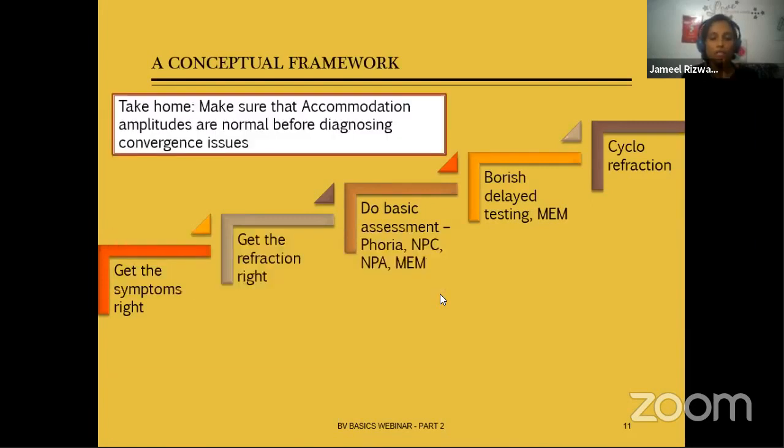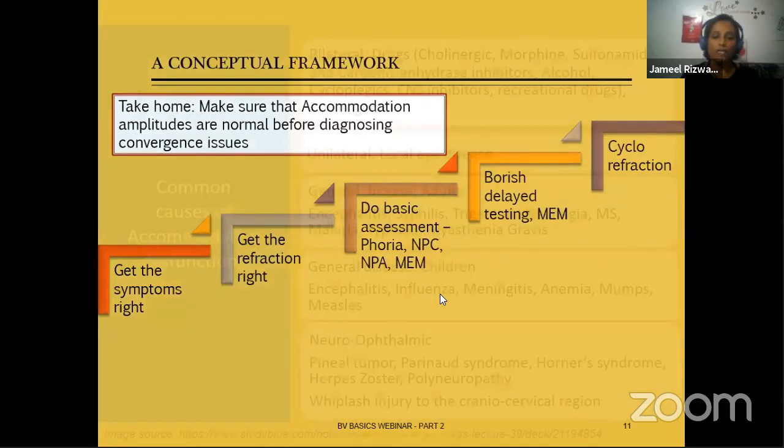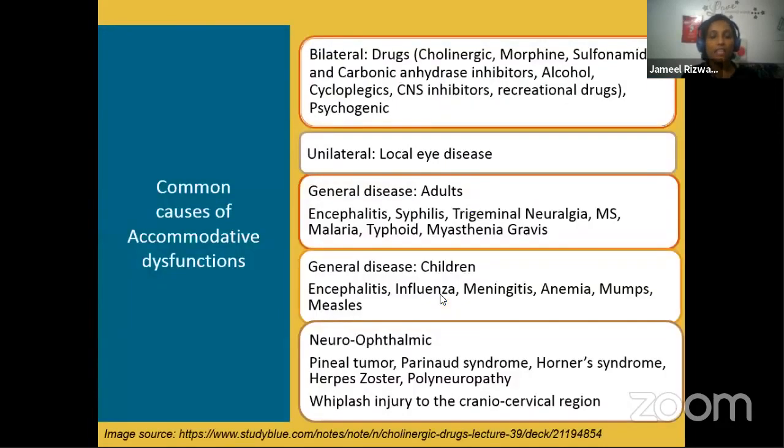And remember this, always before we diagnose that somebody has a convergence issue, we always make sure that accommodation is normal, because the monocular inputs drive the binocular inputs. And so if there is something abnormal with accommodation, that is going to impact Vergence for sure. And as I said, get the history right.